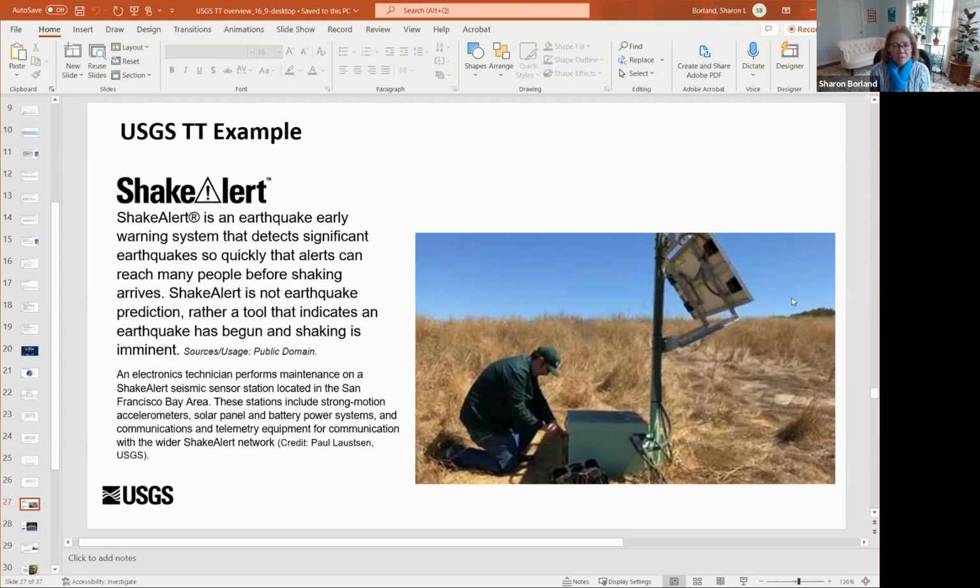It enables notifications to go out to devices, including cell phones or computers, or devices that are used to control fire station doors or elevators. And it provides a few seconds of warning so that there's hopefully enough time to take cover in anticipation of more destructive waves that result from an earthquake.